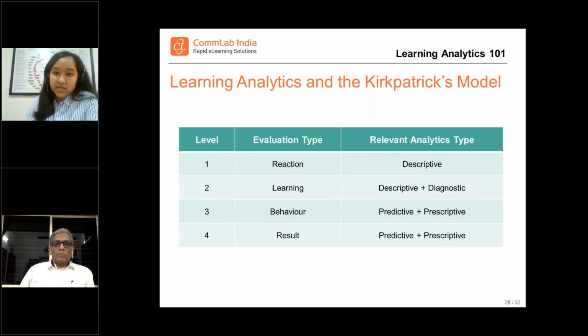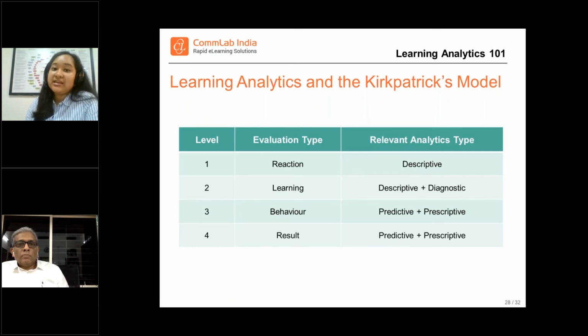When it comes to learning, which is, was there a difference between the pre and post learning level? Here descriptive and diagnostic analytics come into play, because the best way to measure effectiveness at this level is, of course, pre-assessments and post-assessments. So descriptive and diagnostic analysis will correlate the data here.